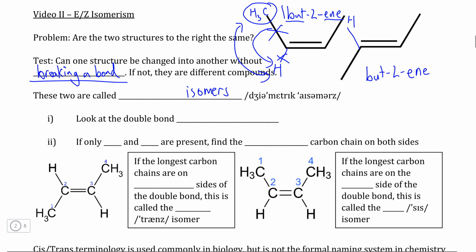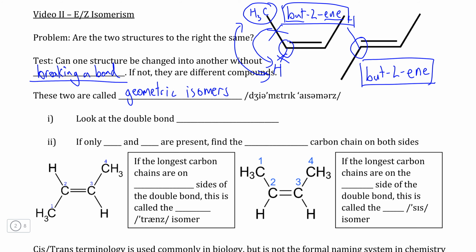Now, because the parent chain is actually identical, both of these have 4 carbons and a double bond in position 2, these are a little bit more subtle than straight structural isomers, so instead we call these a form of geometric isomers, because the only difference between these 2 molecules is the geometry and orientation of specific atoms at carbon 2 specifically.